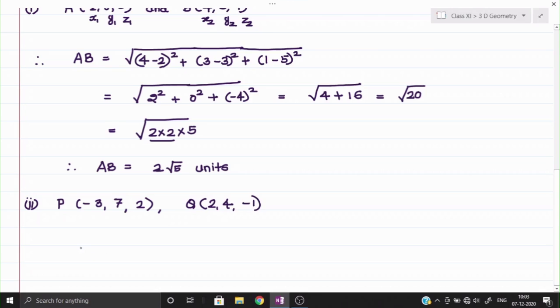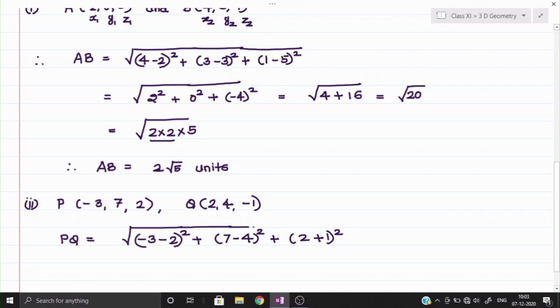Let us find out the distance PQ. First, from minus 3 we subtract 2. So minus 3 minus 2 whole power 2, plus 7 minus 4 whole power 2, and plus, from 2 we are subtracting minus 1, so minus minus becomes plus, whole power 2 again.